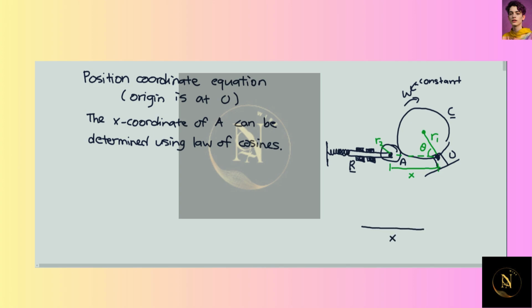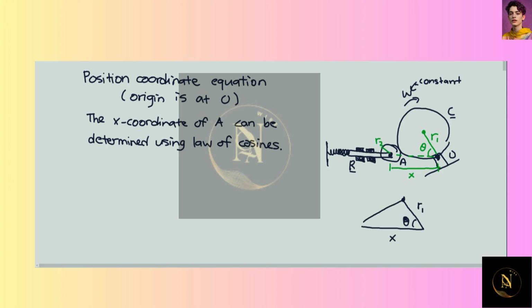So this is x, with this angle theta, and then this is R1.